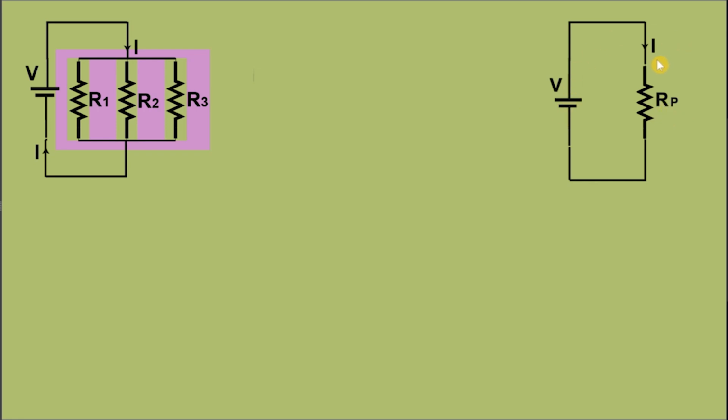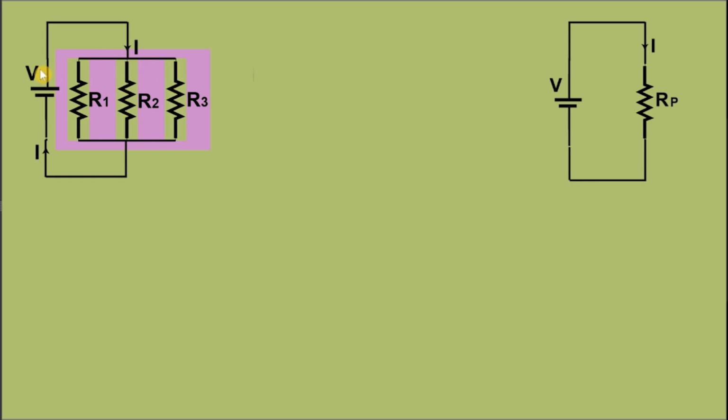So the current flowing will be equal to I is equal to V divided by resistance, V by Rp. So that current is coming here from this junction. It divides into 3. How much it is dividing depends upon the value of the resistances.